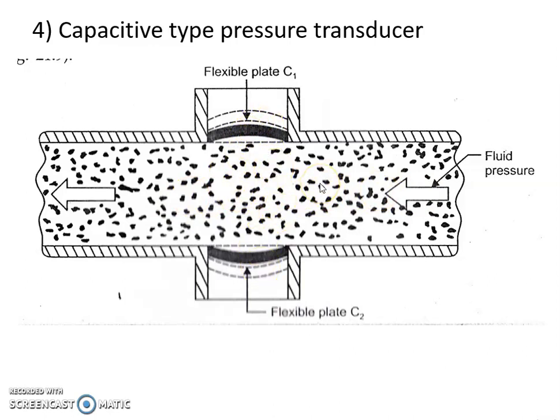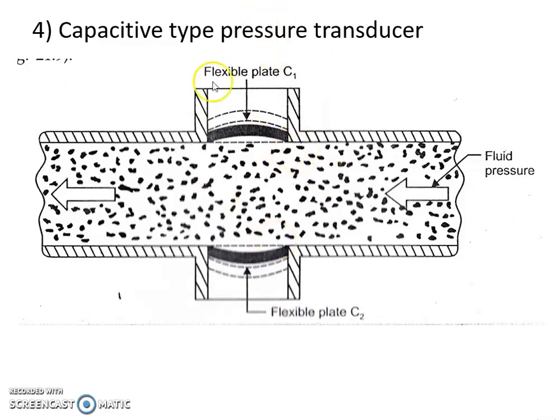Now as the pressure of the fluid is increased within this capacitor system, the flexible plates of the capacitor expand, and therefore the distance between the two plates increases. As the distance between the two plates increases, obviously its capacitance value changes.